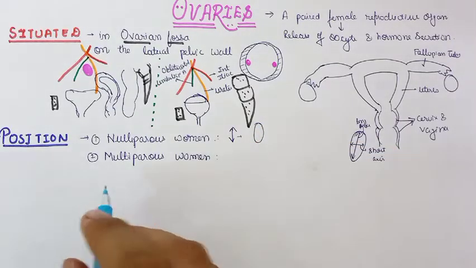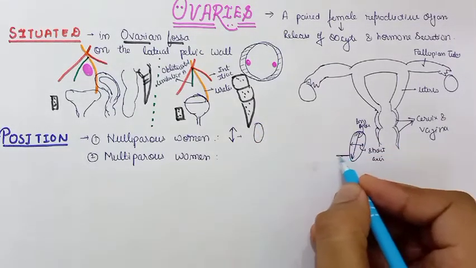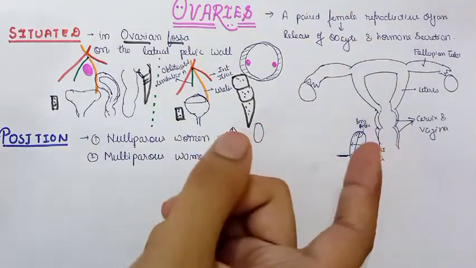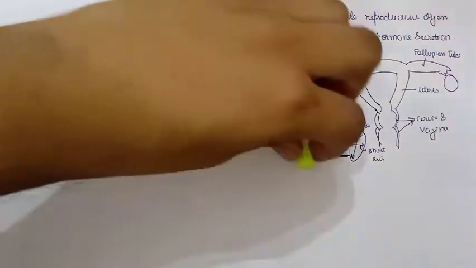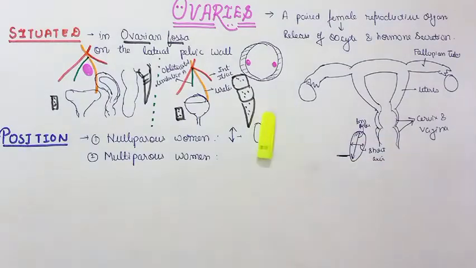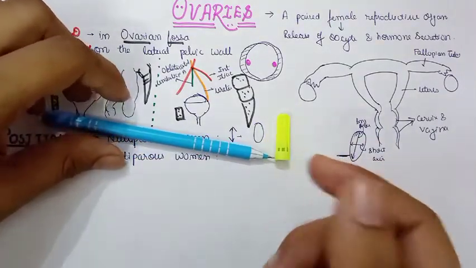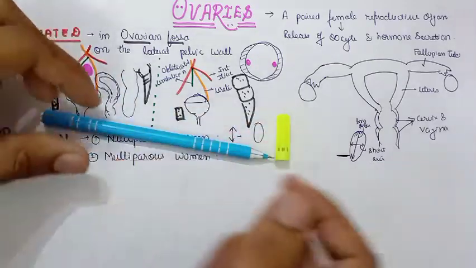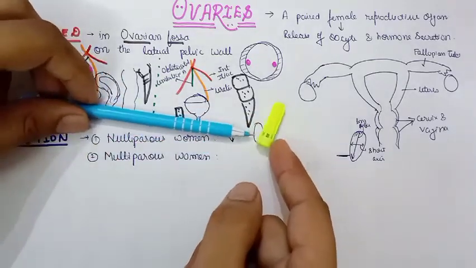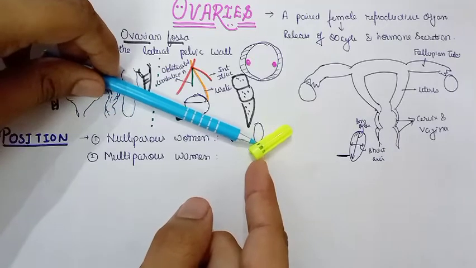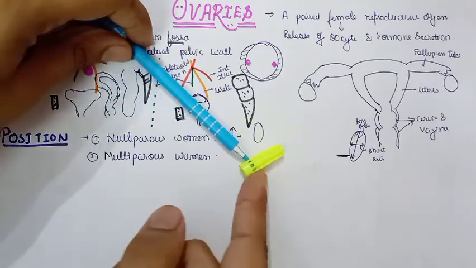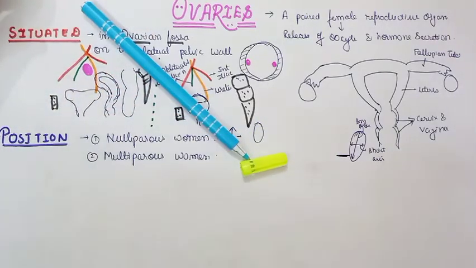And what happens in the multiparous woman? Due to the pull from the uterus, suppose this is the ovary and here is the ligament attached to the uterus. Due to the contraction or pull from the uterus, the ovaries begin to change their orientation and become horizontal from vertical.